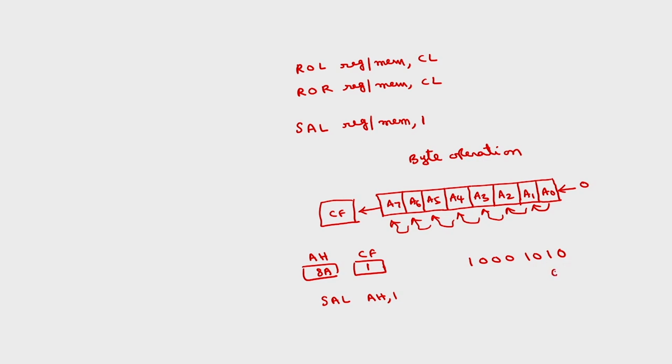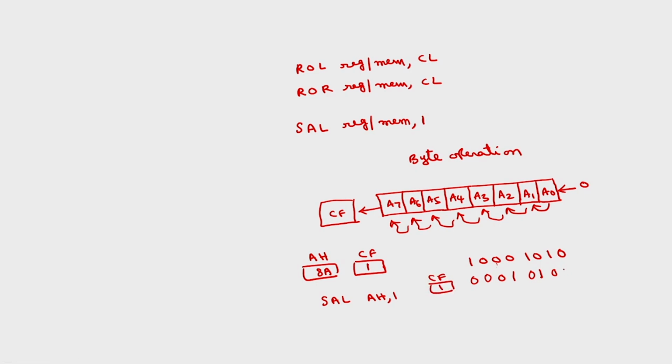So, this 0 will move here, this 1 will move here, this 0 will move here, this 1 will move here, this 0 will move here, this 0 here, this 0 here, and this 1 will be moved to the carry flag. Initially carry flag was set, now also it remains set.